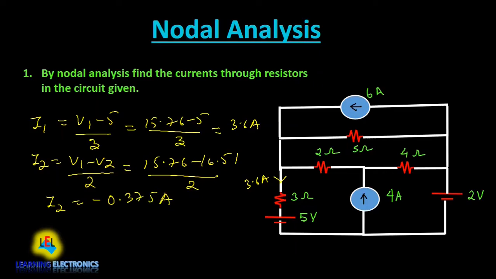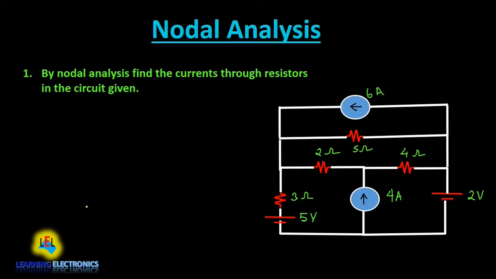The assumed direction is from node 1 to node 2 for I2, but here the current is coming negative. That means our assumed direction is not correct. It should be from node 2 to node 1. So the actual direction should be node 2 to node 1, and I2 will be equal to plus 0.375 ampere.